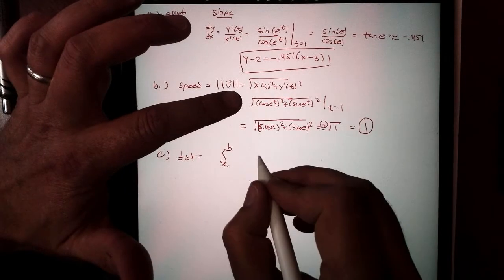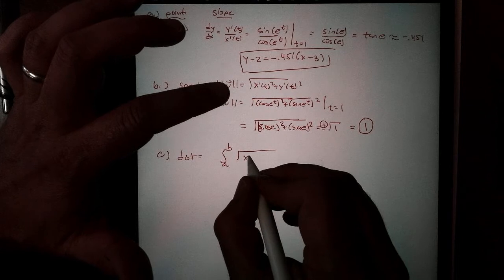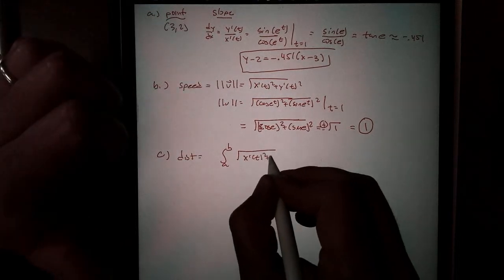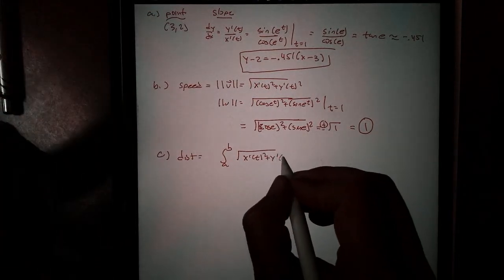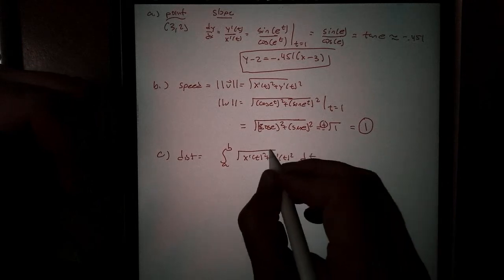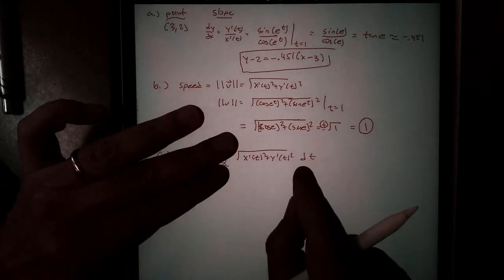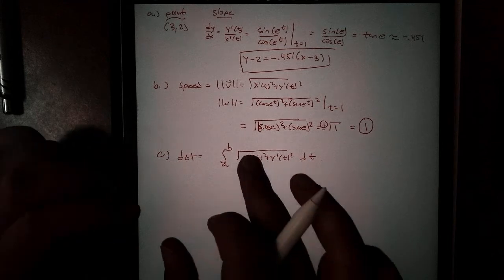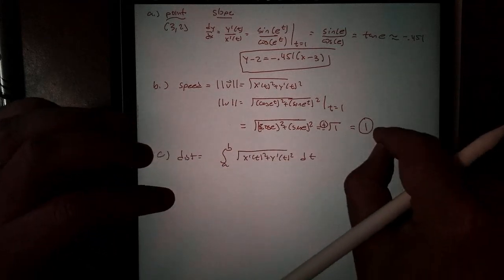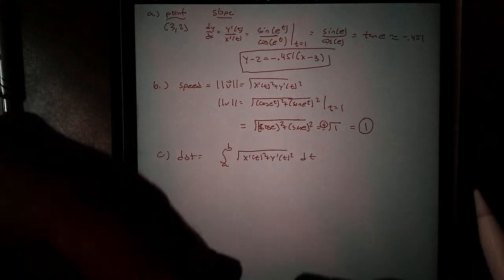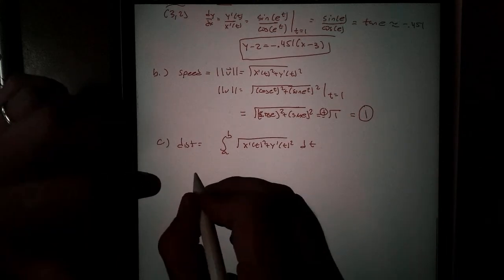This is my speed. Speed times time gives me that change in distance. We have to integrate it because remember we're talking about really small incremental changes in distances here. So setting this up.